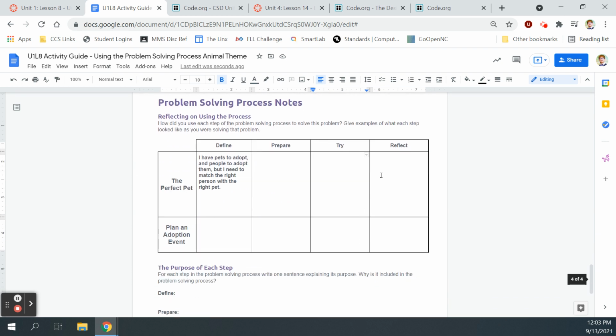And your reflection, how did it go? Did your plan that you listed out in prepare work well with the try part? Did you successfully complete this part of the activity? Did you have any issues? What could you improve upon? What went well? What didn't go very well, right?